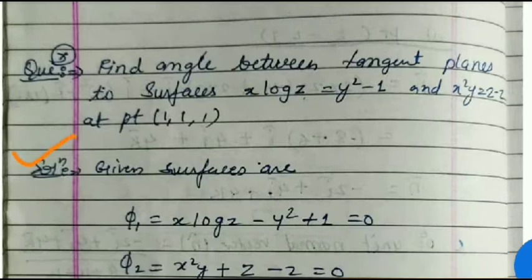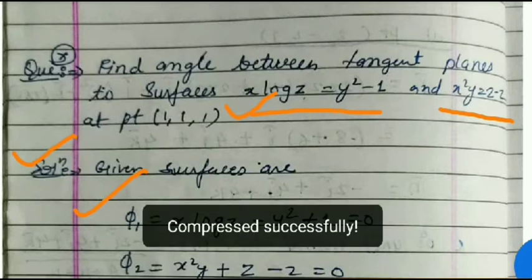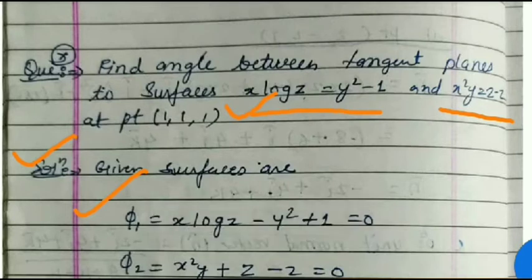So the given surfaces are, consider this the first surface and this the second surface. The first surface is phi 1, convert it into phi. I already told you we are given phi of xyz equals c and we have to convert it into phi, meaning a scalar point function. So phi 2 is x square y plus z minus 2 equals 0.